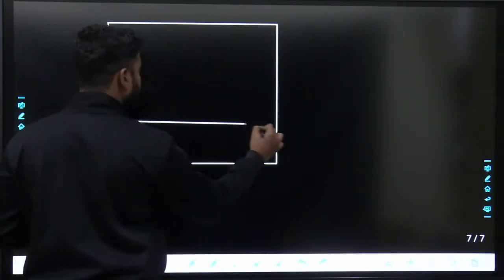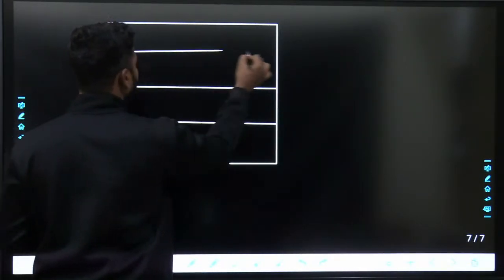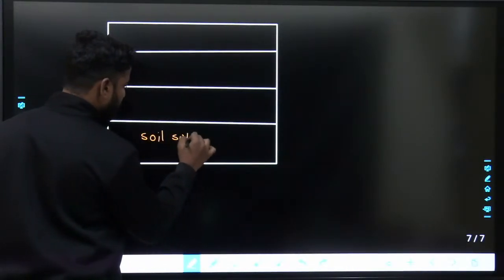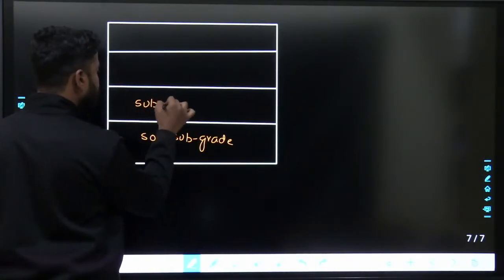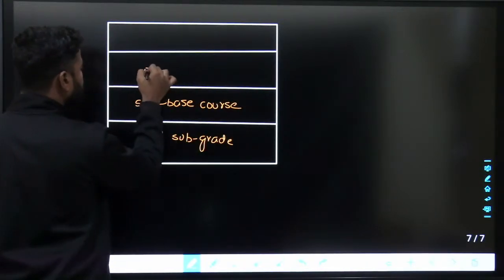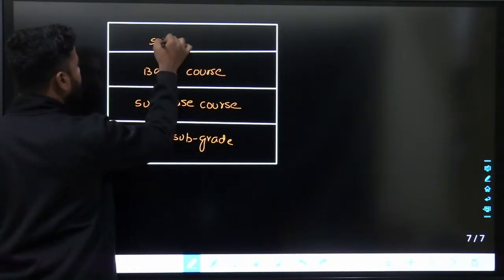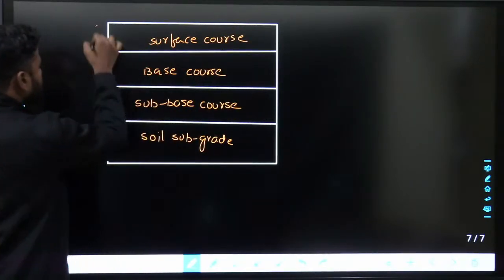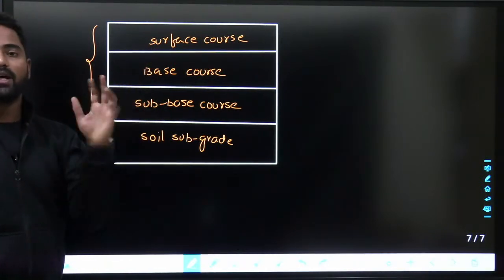That means if this is the soil subgrade, subbase course, base course and surface course, here also the quality of the material provided above the soil subgrade is not considered.